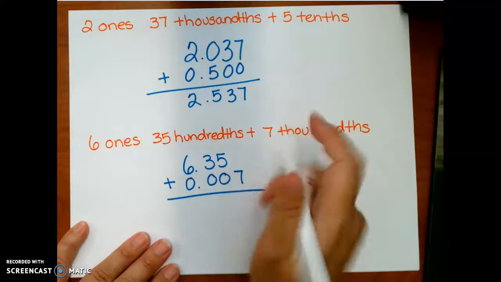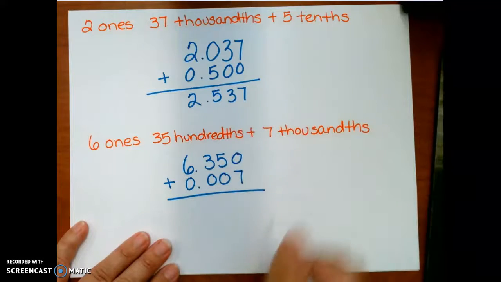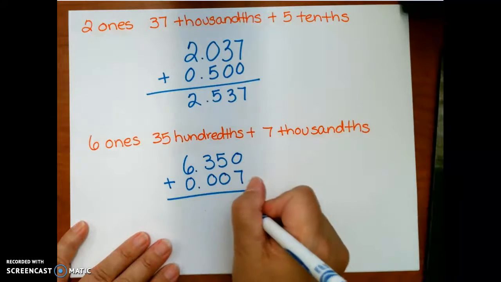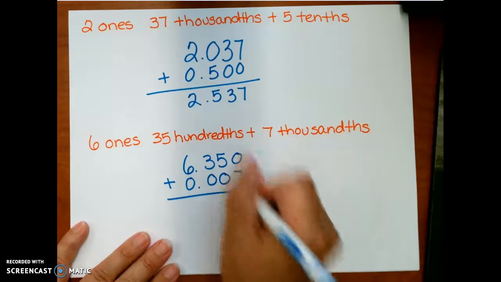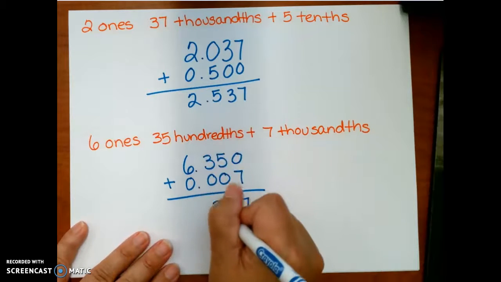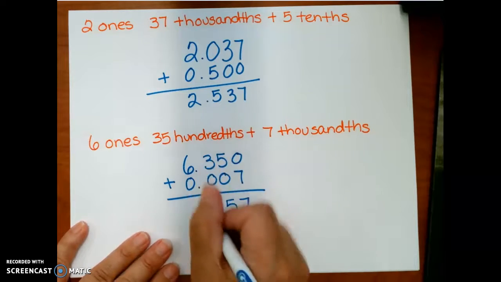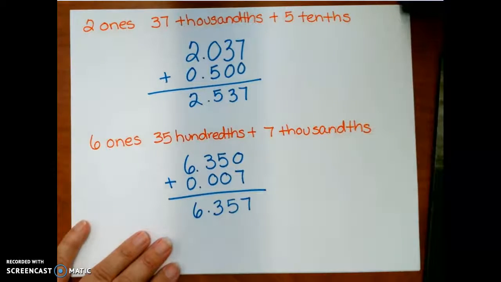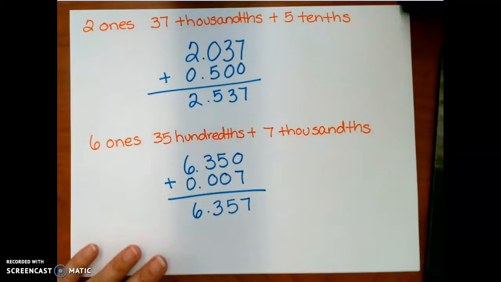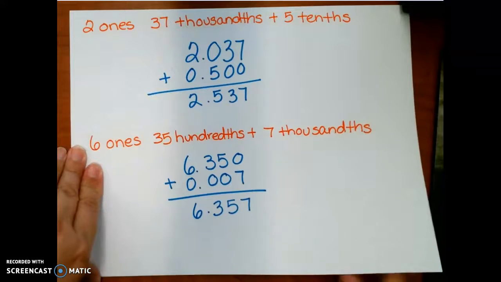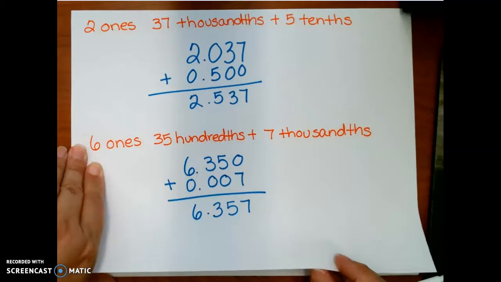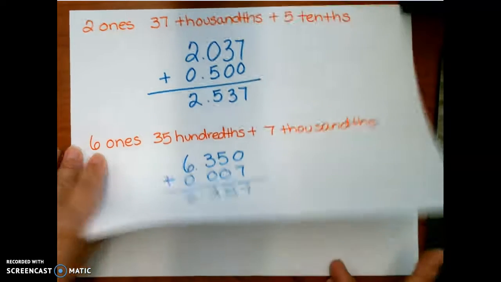So I'm going to add a 0. 0 plus 7 is 7. 5 plus 0 is 5. 3 plus 0 is 3. Put my decimal point. And 6 plus 0 is 6. So 6 ones, 35 hundredths plus 7 thousandths equals 6 and 357 thousandths.